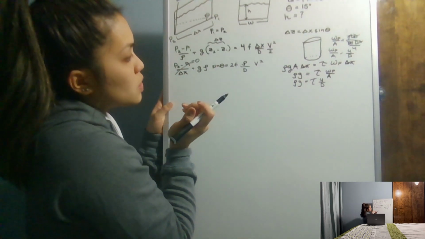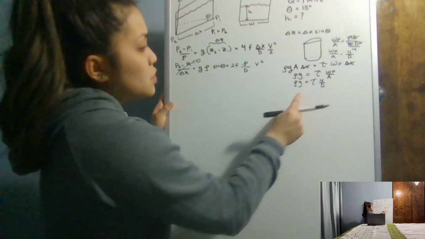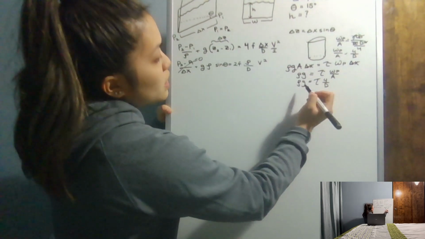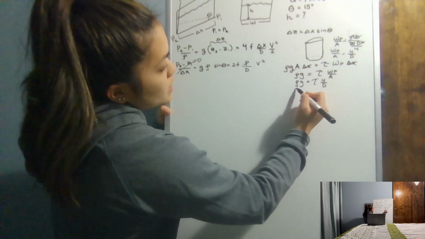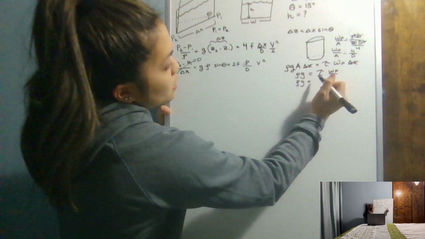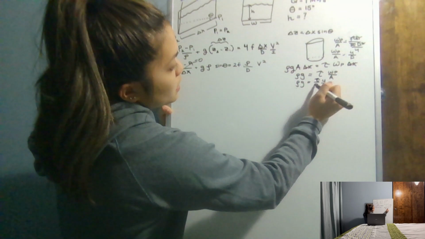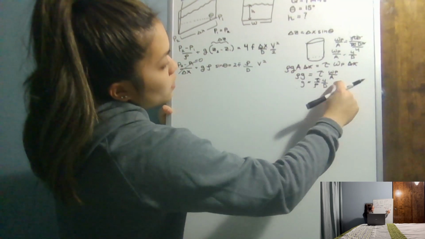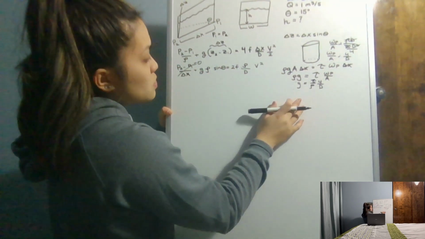We can use g as a commonality here, so we can bring the density over to the other side. The shear stress divided by the density times 4 divided by the diameter is equal to the gravitational acceleration.